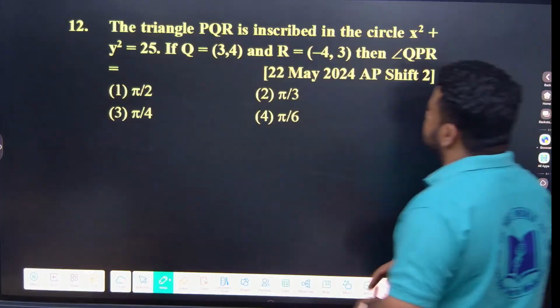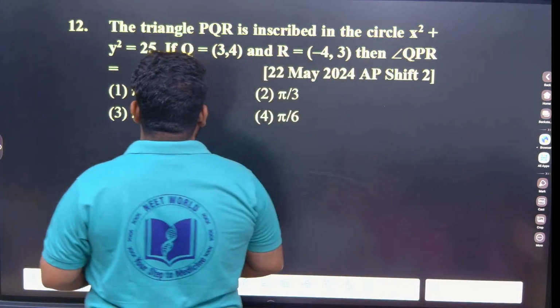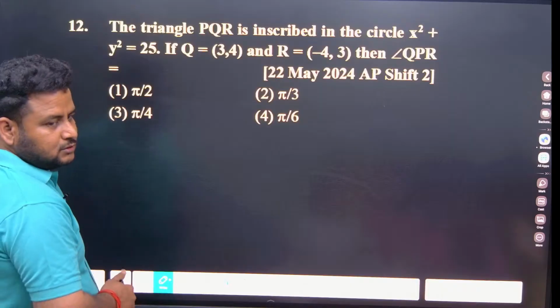Let us take up this question. The triangle PQR is inscribed in the circle x square plus y square is equal to 25.